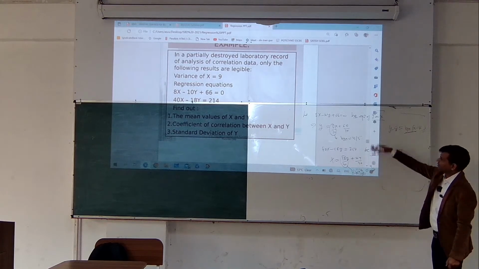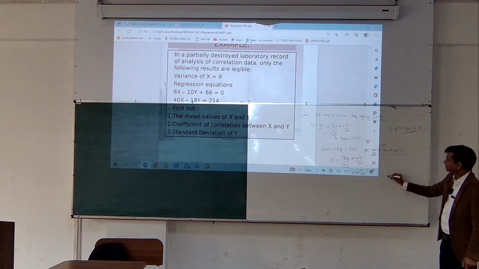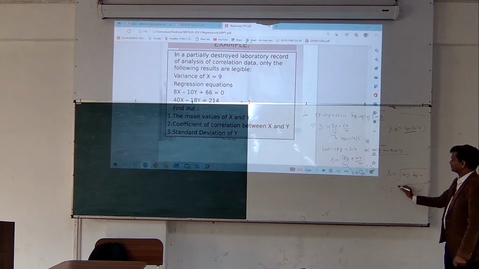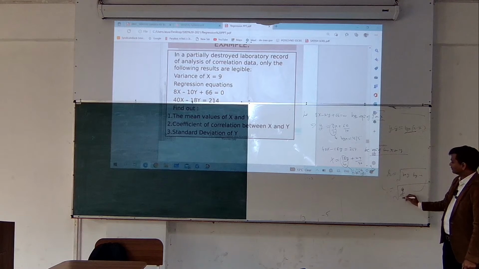Now see, do both have the same sign? Yes. What will r be? r would be the square root of bxy into byx. So 9 by 20 into 4 by 5.